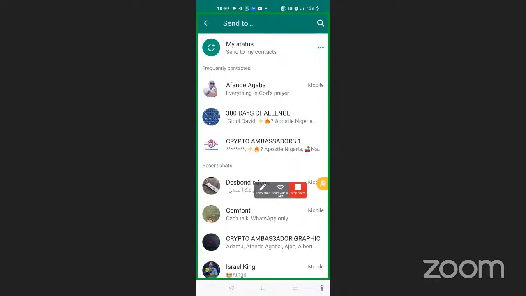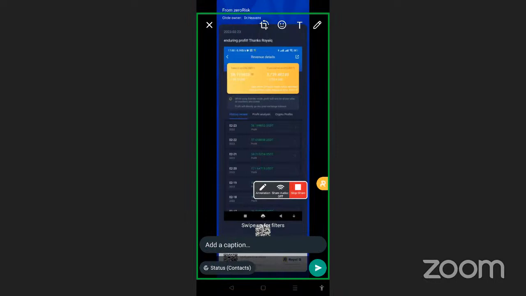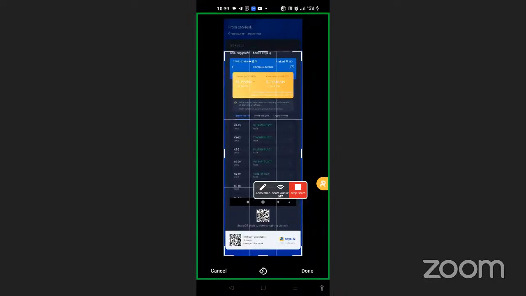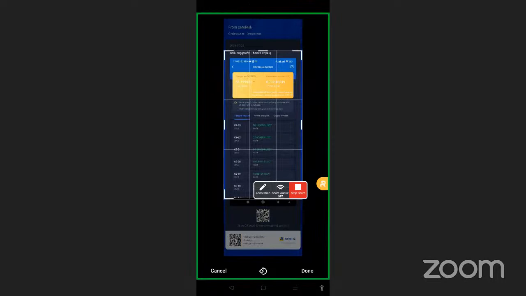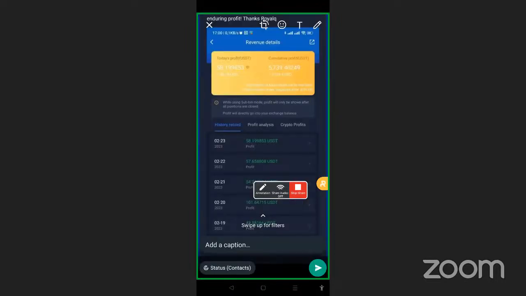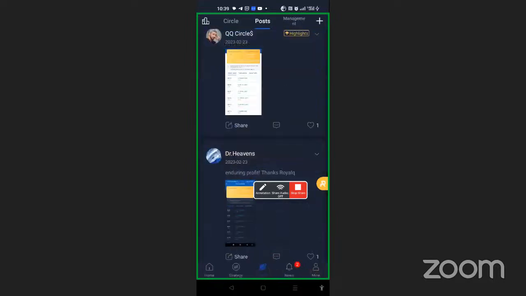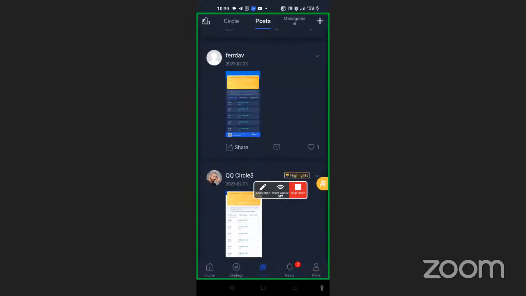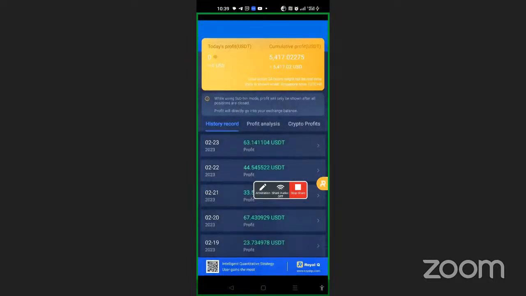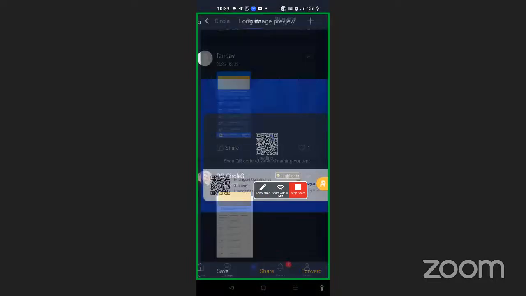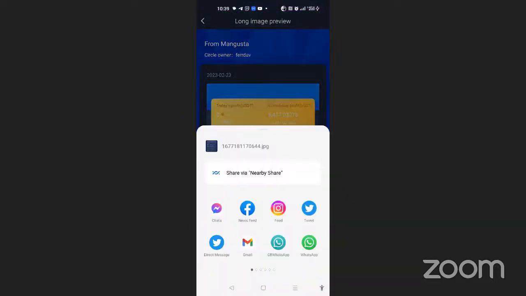I screenshot it, I just leave it here, I remove all of this stuff. I post. Then I come back again and pick this result. They have the date. I tap on share.